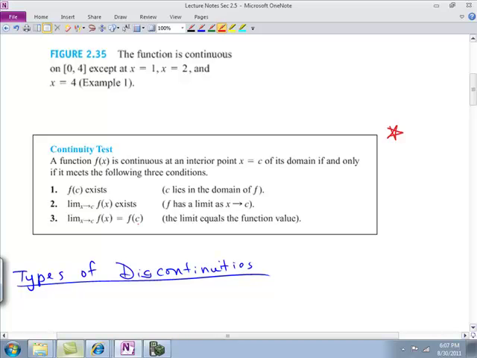Okay, the limit equals the function value. If those three things hold true, then it's continuous at that point. So that's important to know. And sometimes just one of those things might not be true, and it would fail.